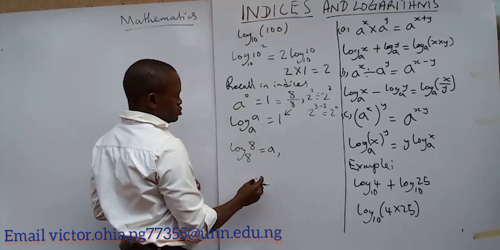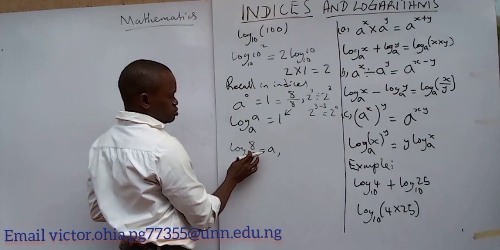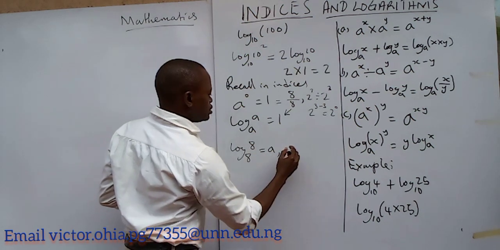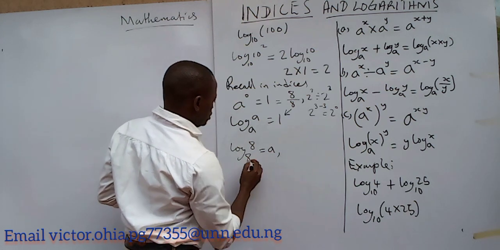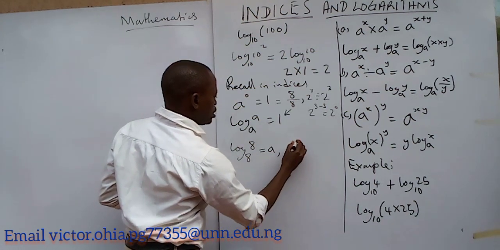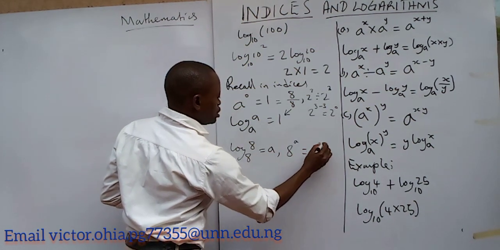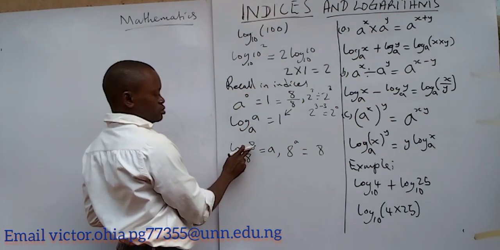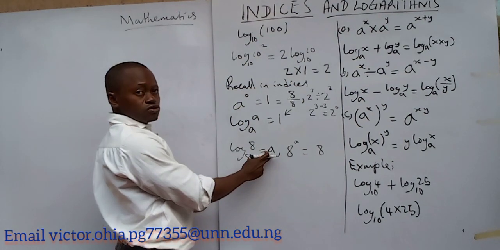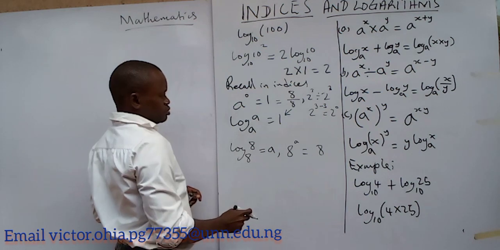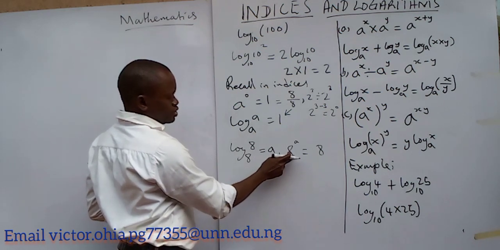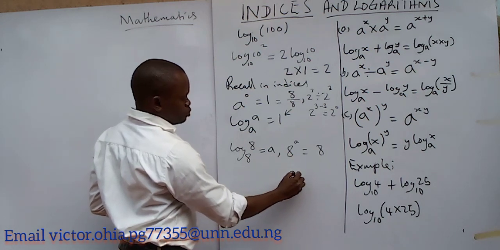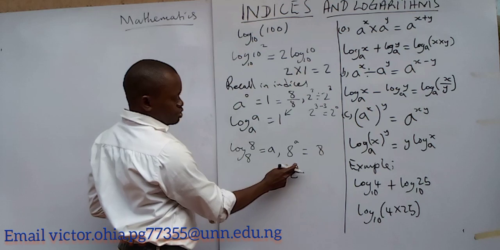Then I interchange this and say let the answer be a. I will now say 8 raised to power a is equal to 8. That is when you interchange this number and the result. When you interchange it, you will realize that this can be changed to its index form, which is 2 raised to power 3, and that 3 will multiply this.